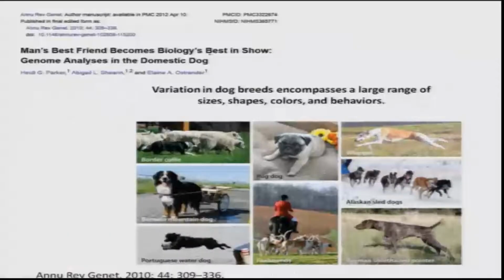So man's best friend becomes biology's best in show. Dogs were domesticated a long time back, and they have been living with man. They call it his best friend because they always help. Unlike other species, whether it is a pig, cow, cattle or horse, which have a specific function, right? Mostly horse for transport, pig mostly for food, and likewise chicken and so on, or cattle either as workhorse or for milk.